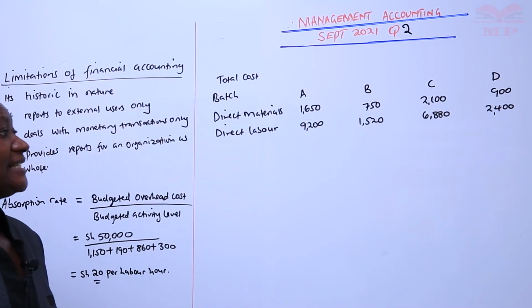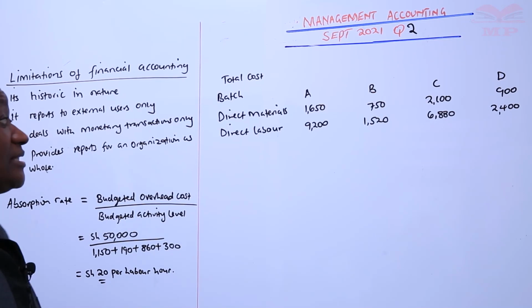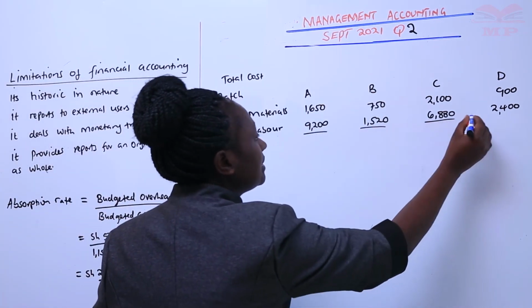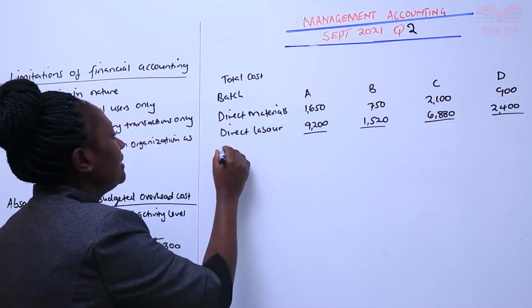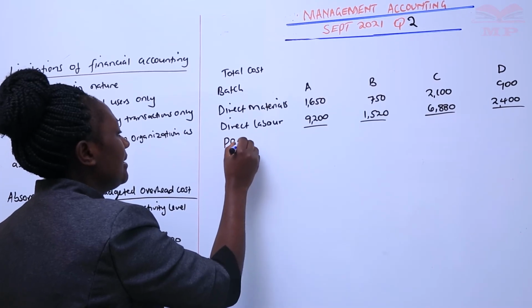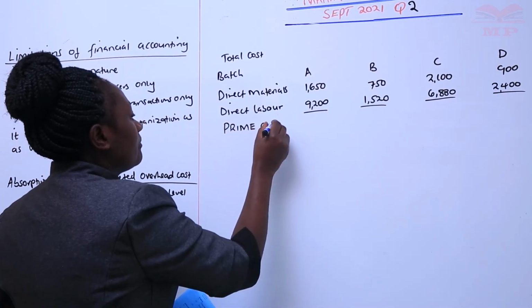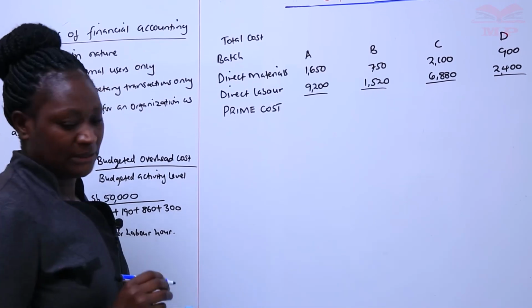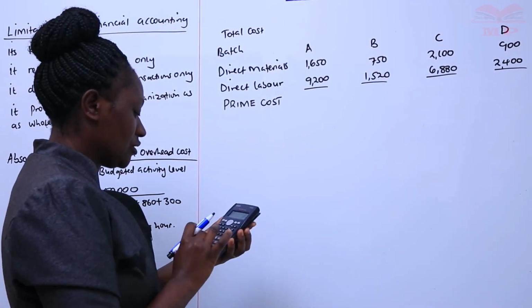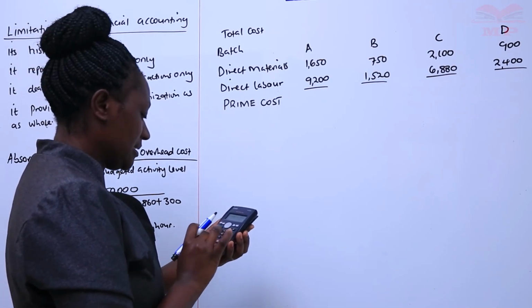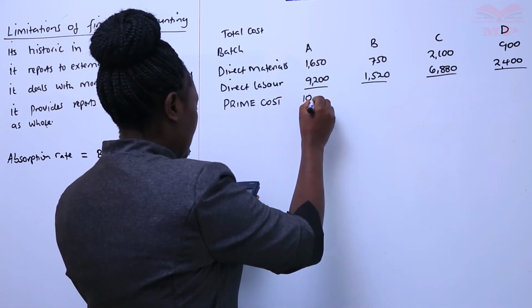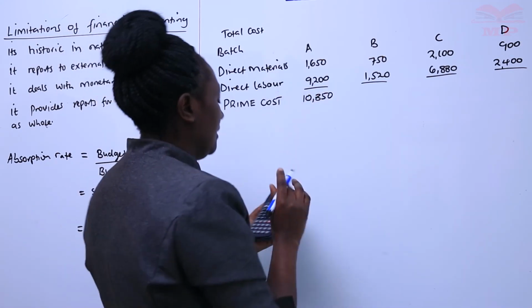There were no direct expenses in the question, and therefore we need to get the prime cost. We show the prime cost, which is the total of direct materials plus direct labor. So for A, we have 1,650 plus 9,200, which will give us 10,850.